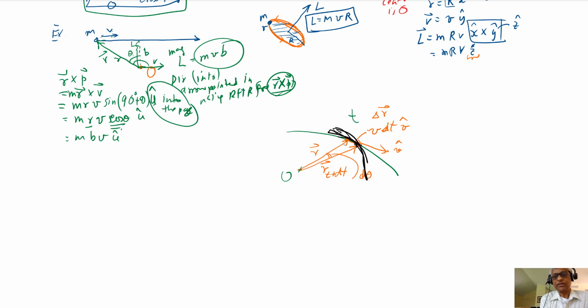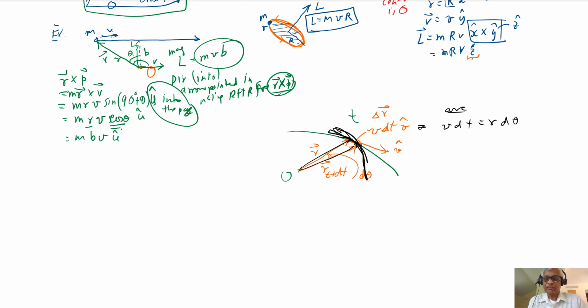This and that distance will be insignificantly different. So this is like an arc of a circle. So this is the actual v dt distance. This is the arc distance, which should be equal to the radius, almost identical to R, times d theta.